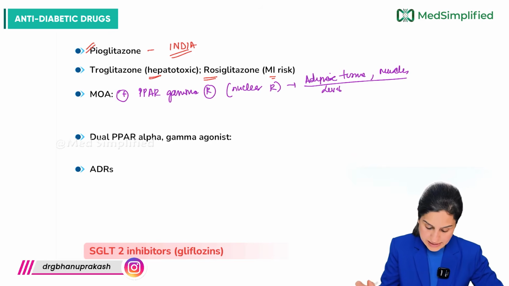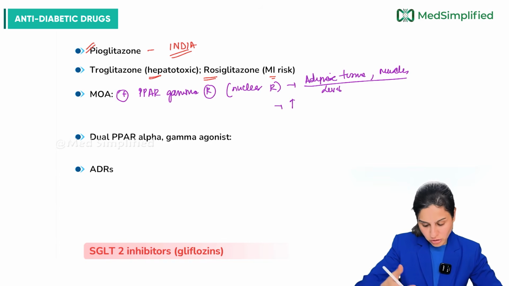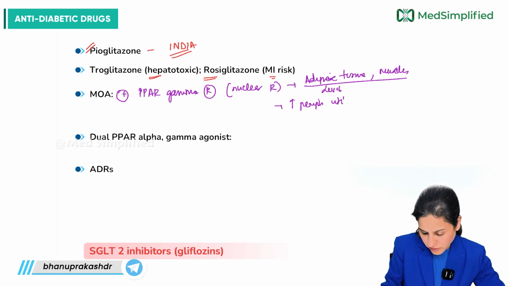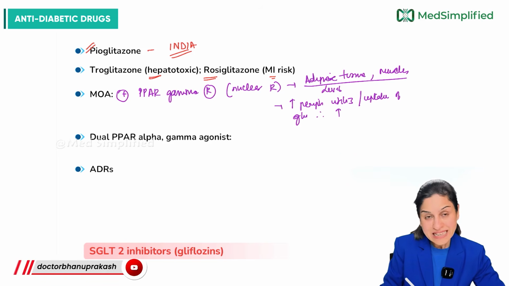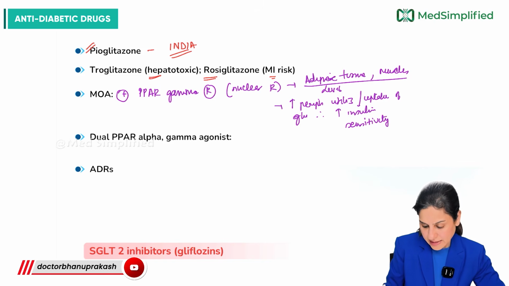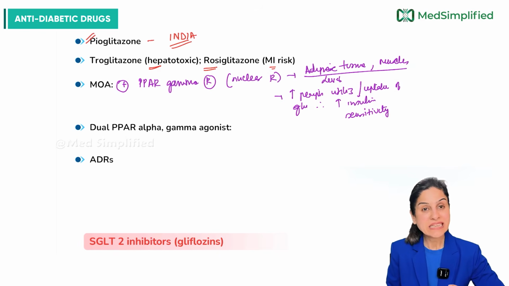So what it does is, it will increase the peripheral utilization or uptake of glucose in these tissues. Therefore, it will increase the insulin sensitivity. All right, so this is the role of these drugs.